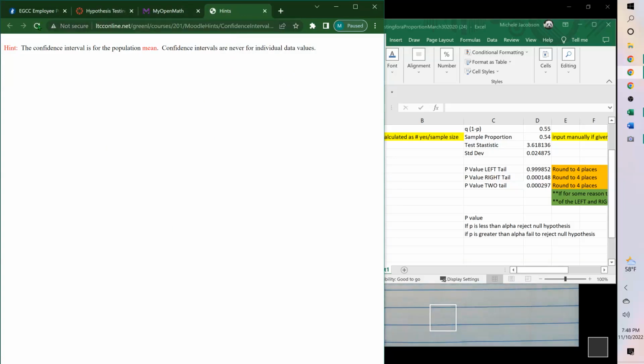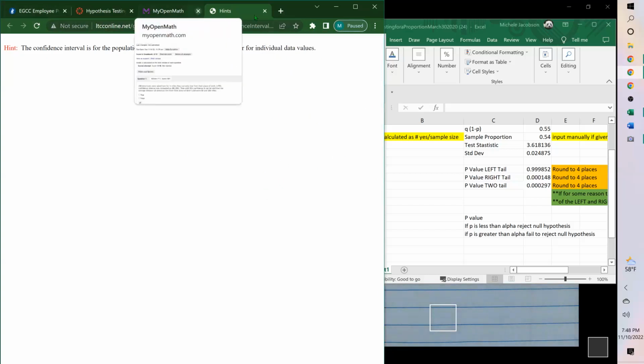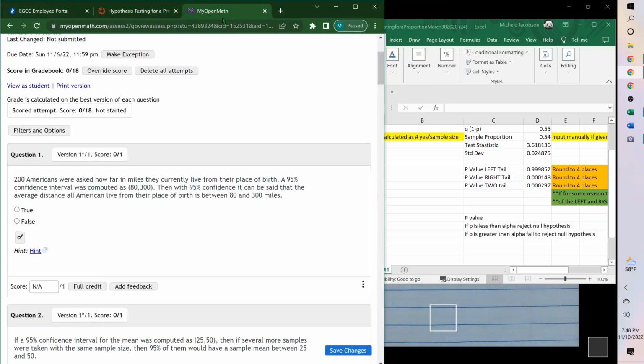Unrelated, but I know they were doing work on the site today. I had to call tech support because I couldn't access this. So maybe that's what you were having trouble with, because I had to sign in, sign out, restart my computer, restart Chrome. He did everything for me, and it ended up working.